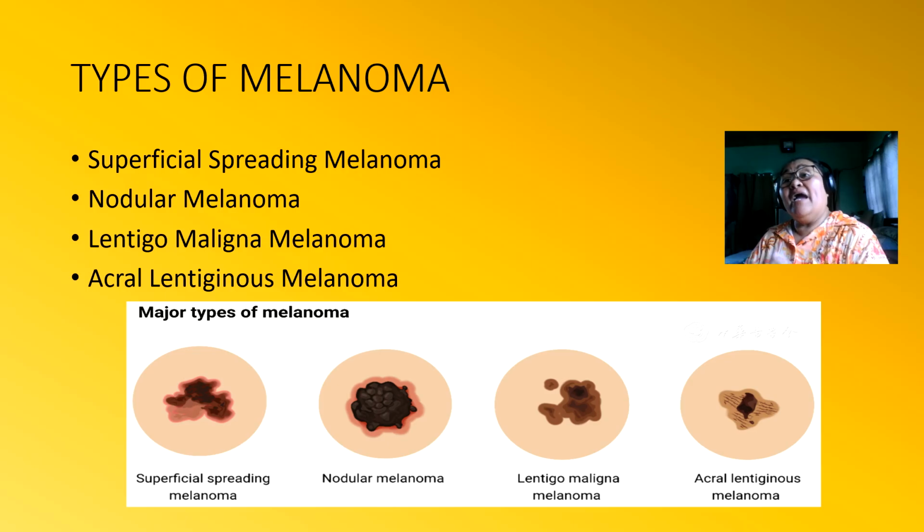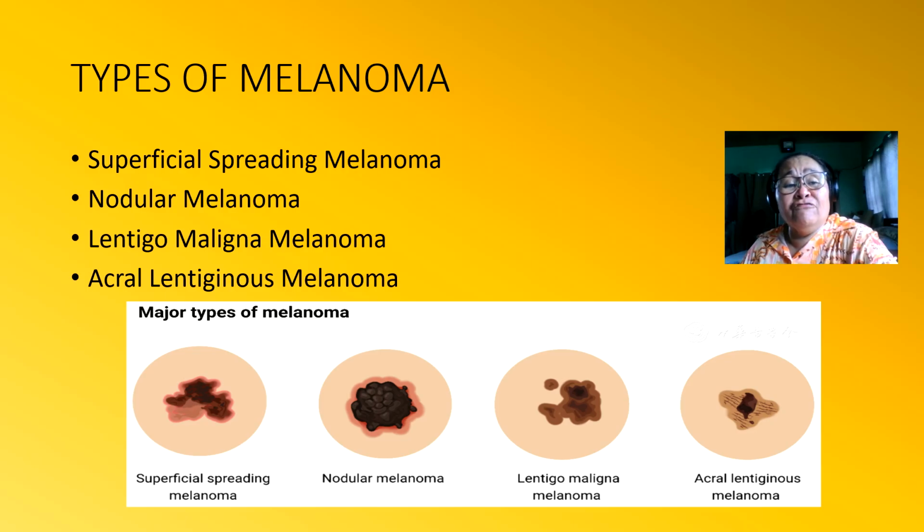So, what are the types of melanoma? Melanoma is classified into different types based on where it develops, how it appears, and how quickly it grows. Recognizing these types is important for early diagnosis and appropriate treatment.